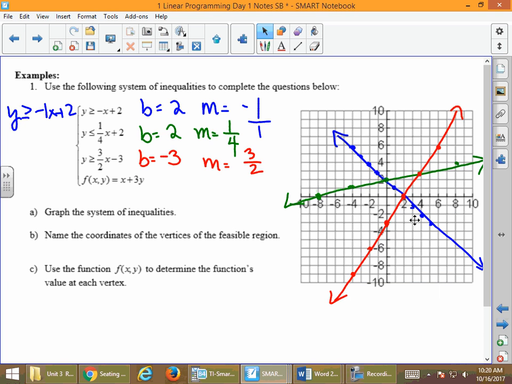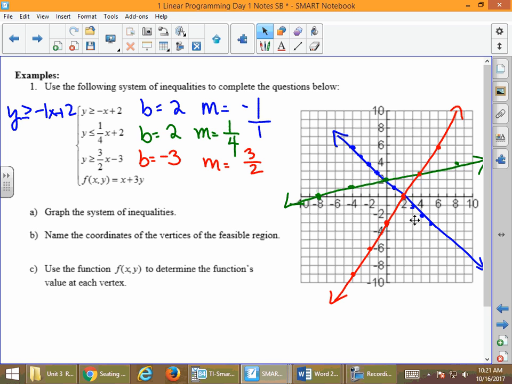So this red line and the green line and the blue line, they are solid lines because there's an equal to in each of those inequalities. They are also called constraints, as I've said before. And what we need to do is we need to shade. And what we're looking for here, without spending the time on shading in this particular problem, I will on the next one, is we're looking for a convex polygonal region.